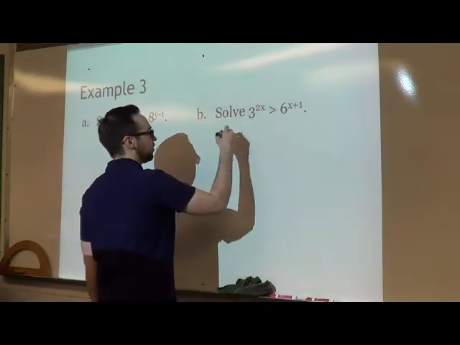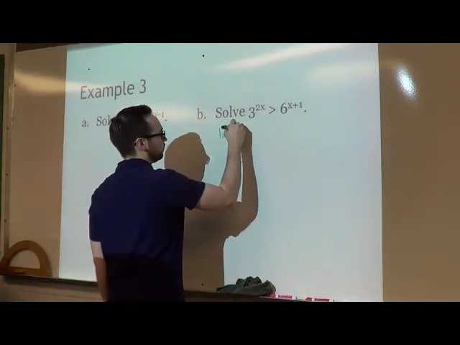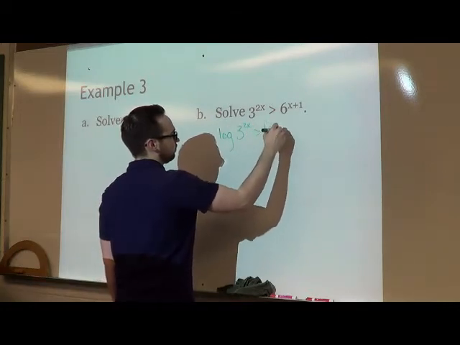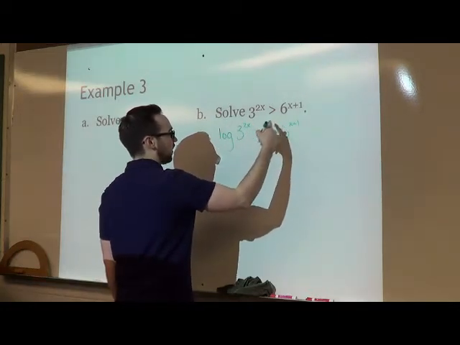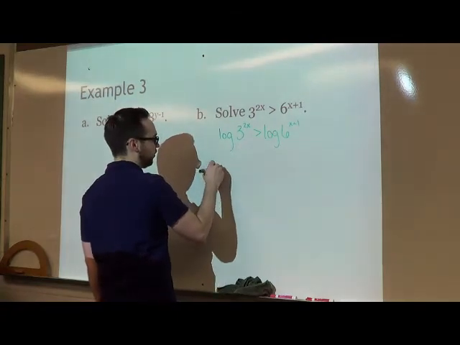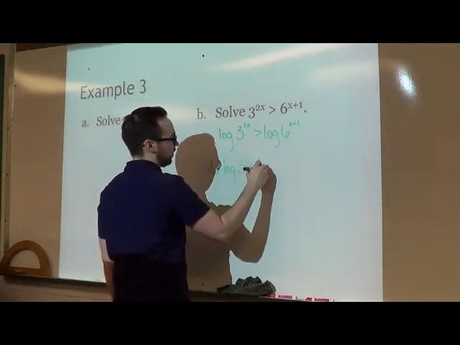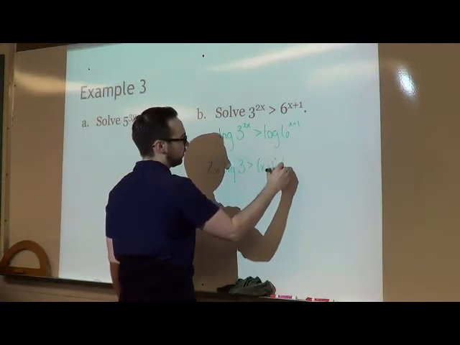So we're going to take the log of both sides, exponents out front, so we have 2x log of 3 is greater than the quantity x plus 1 times the log of 6.